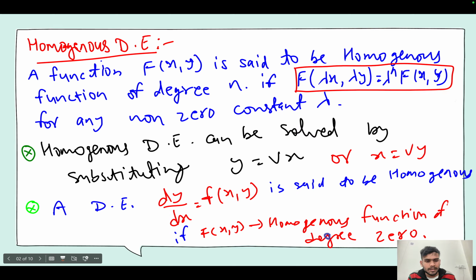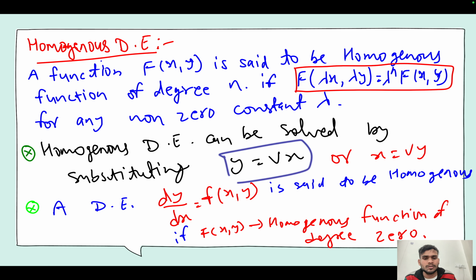So here they are mentioning that the degree should be 0, so it means λ to the power 0. How will we solve this type of differential equation? We will solve it by substituting y equals vx, or x equals vy.